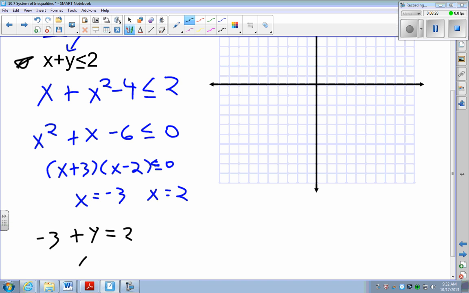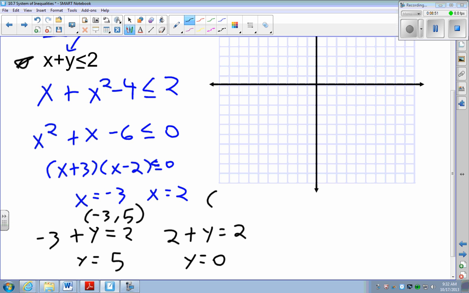And so we'll have y is equal to 5. So here we get the point negative 3, comma 5. And now let's go ahead and put 2 into that equation. We'll get y is equal to 0, so we'll get the point 2, comma 0.